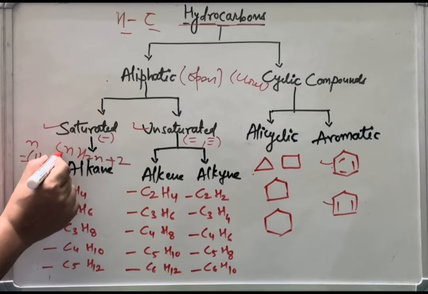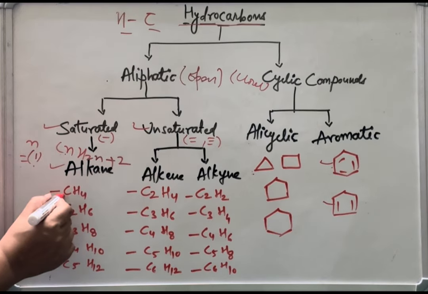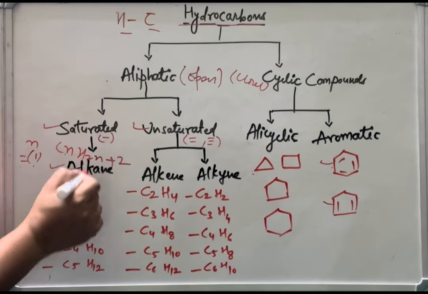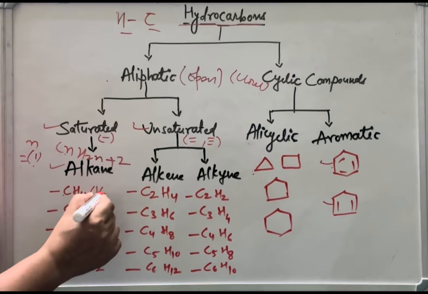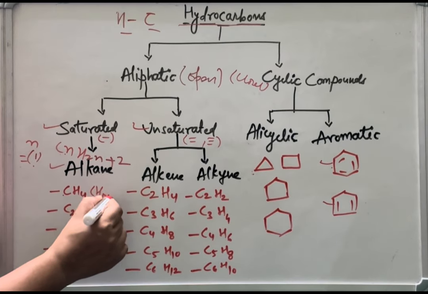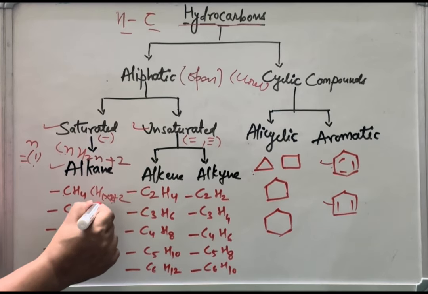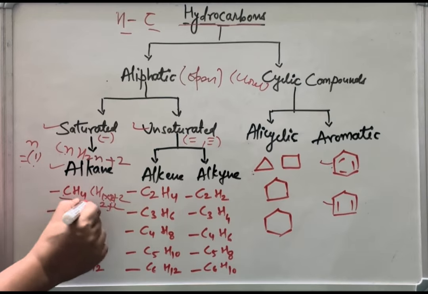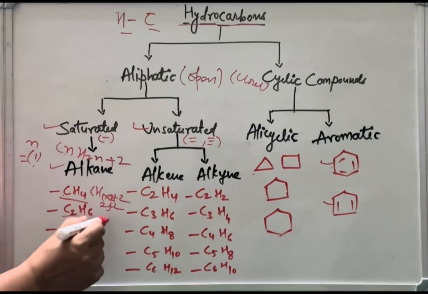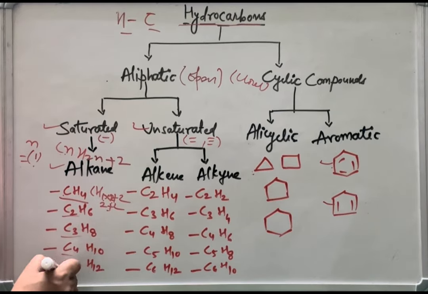So C1, H equals 2 into 1 plus 2, so it is 2 plus 2, 4, CH4. Like this, C2H6, C3H8, C4H10 and C5H12.